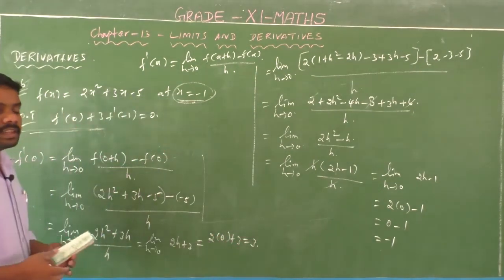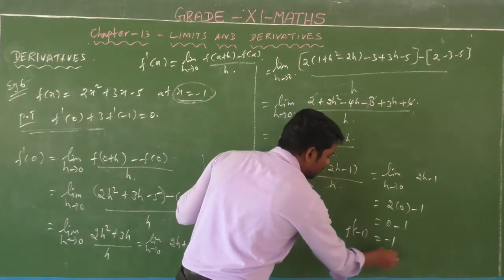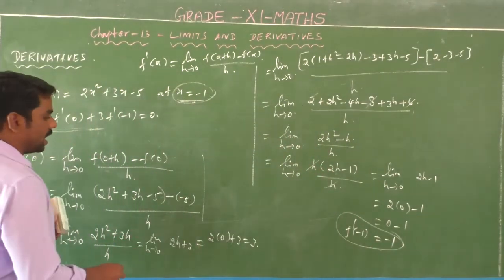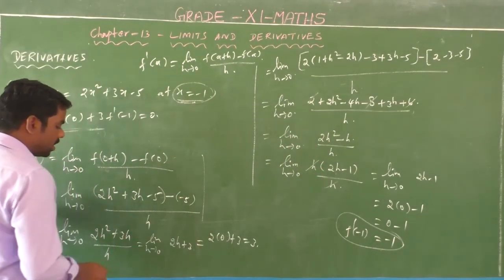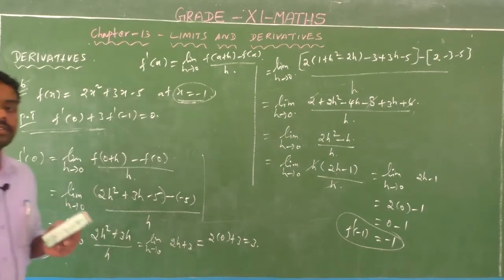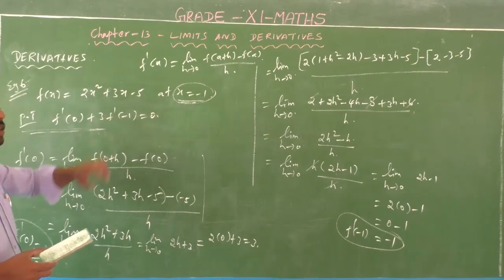So listen students, here f dash of minus 1 is equal to minus 1, and f dash of 0 value is equal to 3. So we need to prove f dash of 0 plus 3 f dash of minus 1 equals 0.